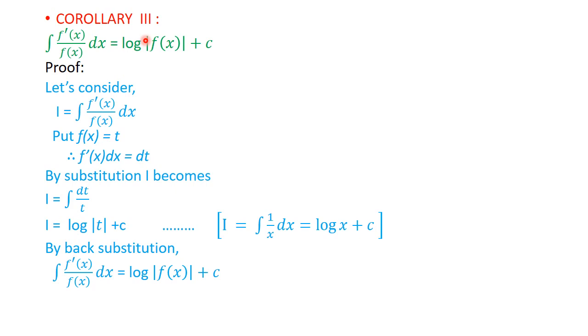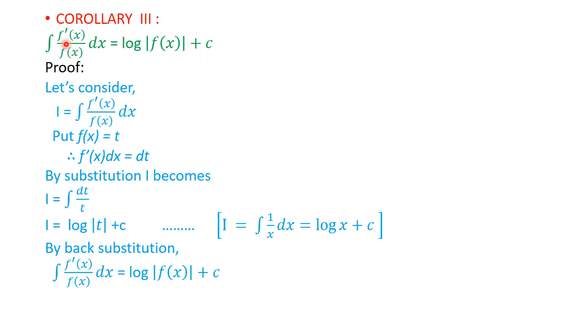It is given in your old syllabus, but now you can simply make a circular bracket also. So if the derivative is there at the numerator and the original function is at the denominator, then its integral is log of fx plus c.